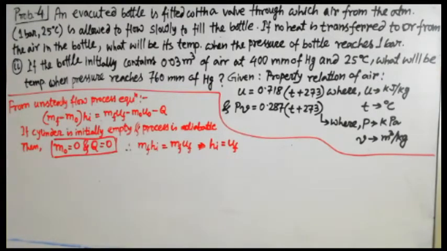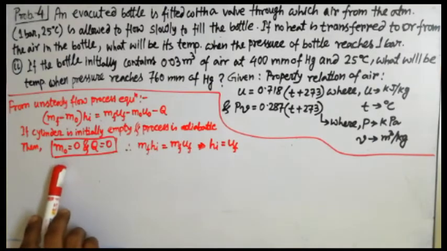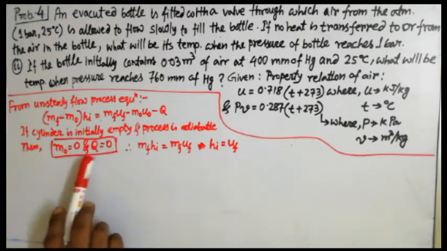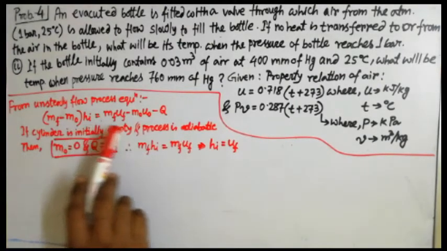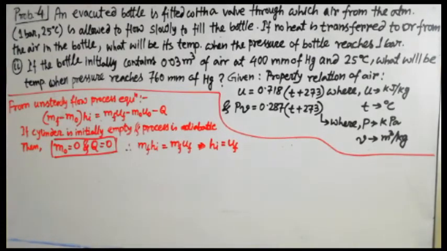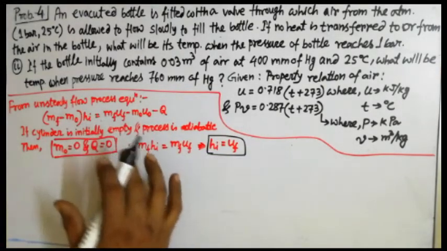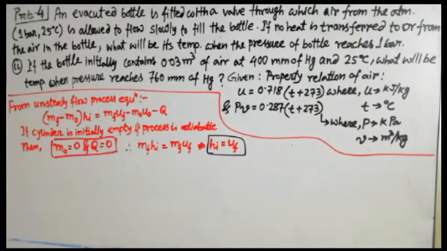If the cylinder is initially empty and the process is adiabatic, then you can consider m0, that is the initial mass, as 0, and q as 0. So the equation will be reduced to this particular form. This particular derivation I have already done earlier, so I am not going to elaborate on these things. I just mention it over here because it will be needed.